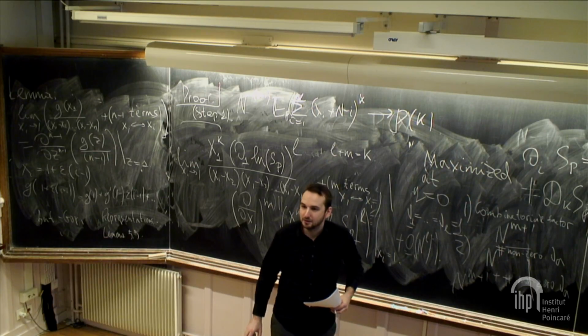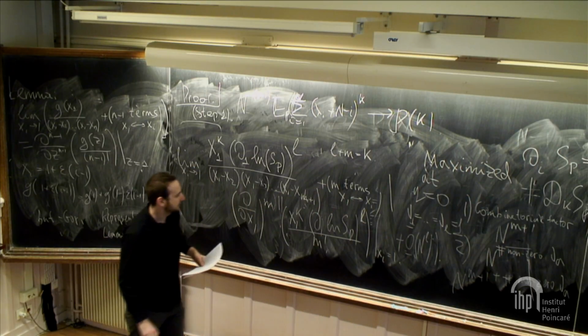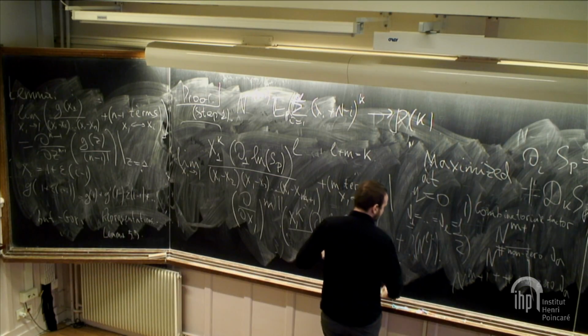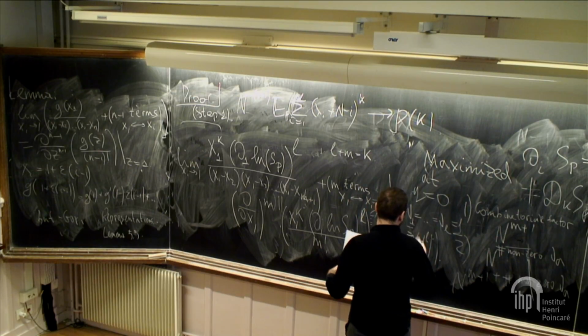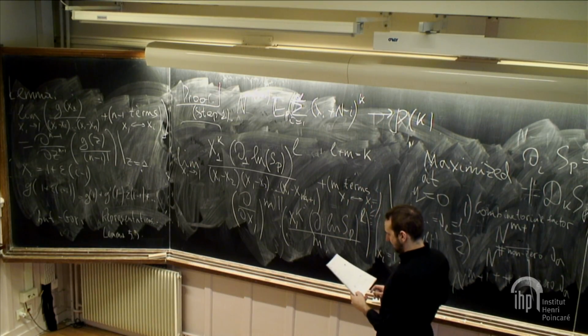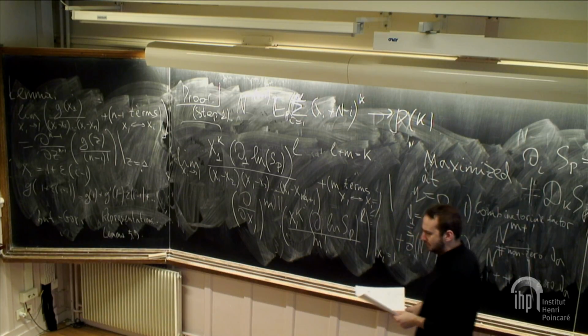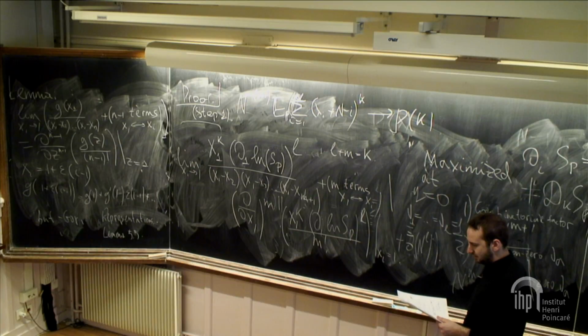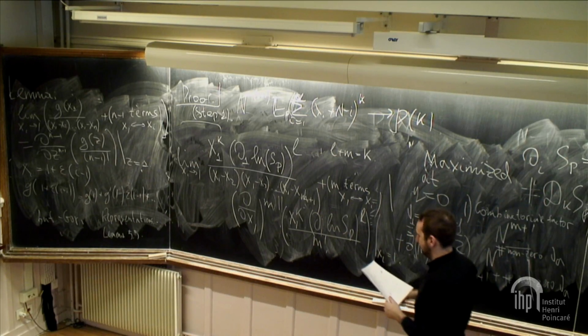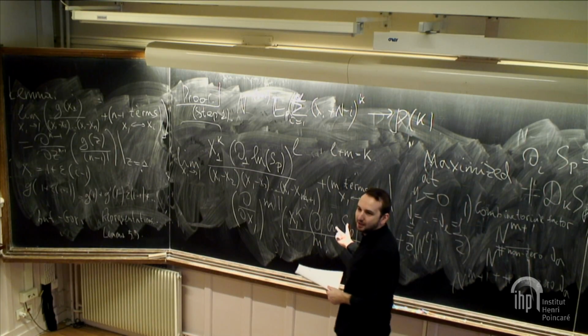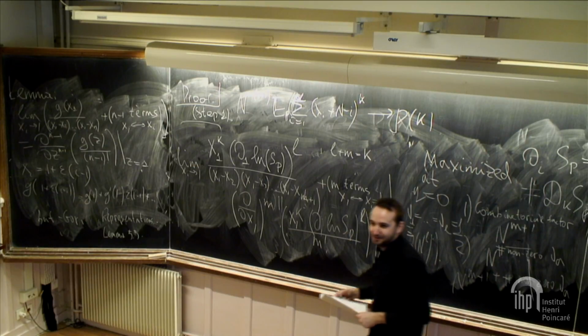Yes, I wanted to say that it is small o of n to the L. Actually, this L and this L should be the same. So this is of order n to the L, and this is of smaller order. That's what I wanted to say.